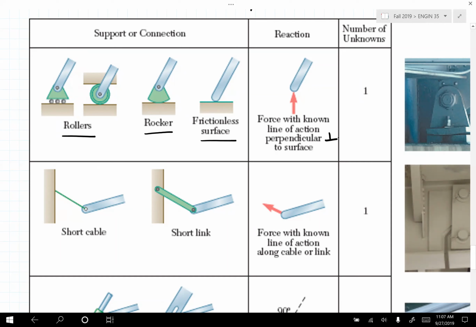And that's because rollers, rockers, and frictionless surfaces only prevent motion in the direction perpendicular to the surface. They don't prevent us from moving back and forth. They only prevent us from moving up and down.